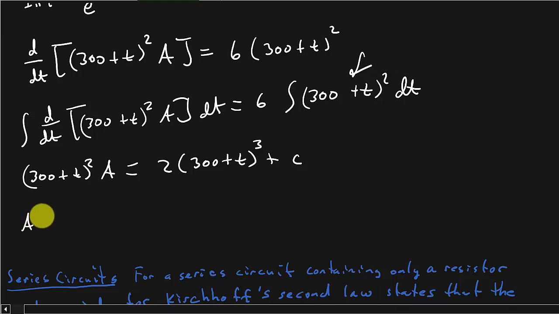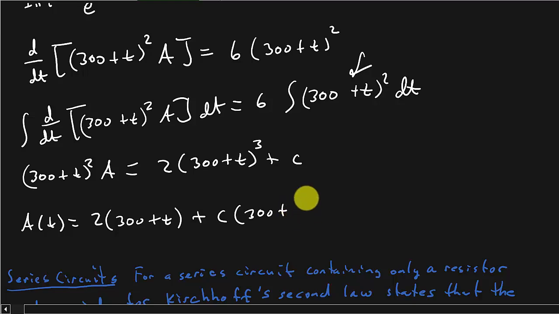So we have A of t is equal to, oh wait a minute, no. We've got 2 times (300 plus t) plus c times (300 plus t) to the, not squared, but to the negative 2.